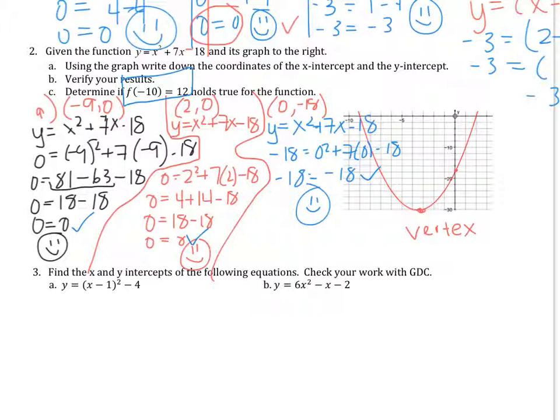So this means the same thing as the coordinate point (-10, 12). And we're just trying to see, does (-10, 12) actually fall on the curve? So go ahead and try to substitute those points in, and we'll check back.